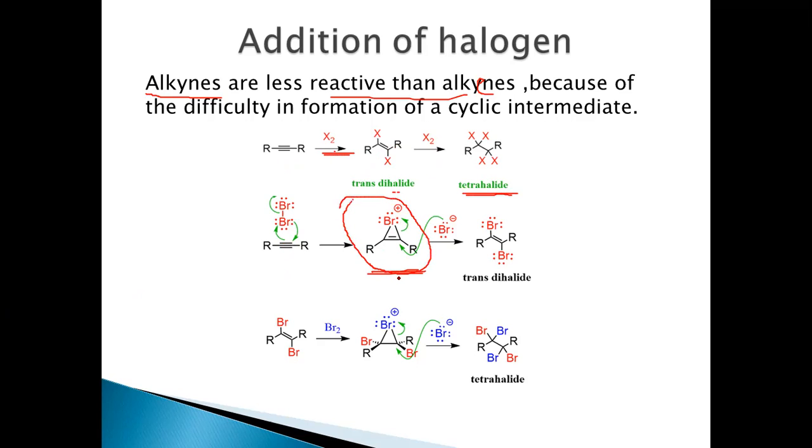In the next step, when the Br minus is adding to this plus charge, because the cyclic intermediate is present on one face of the molecule, Br minus will attack from the other face, from the backside, resulting in the formation of trans dihalide. So trans dihalide is formed because of the presence of the cyclic intermediate on one side of the molecule.